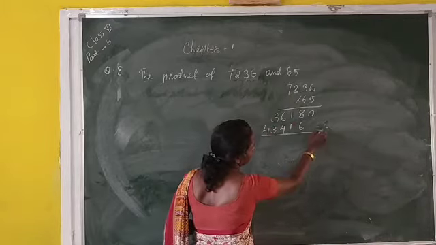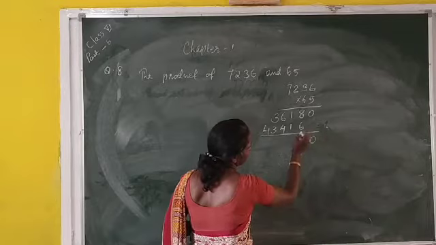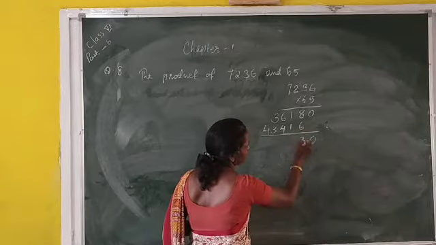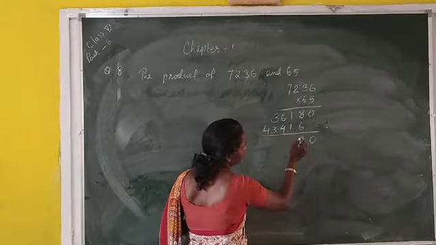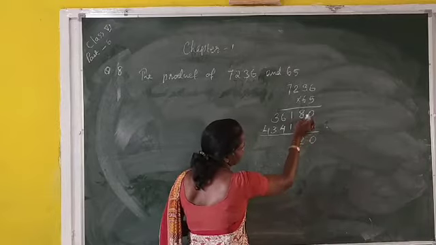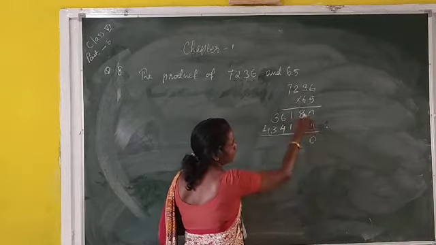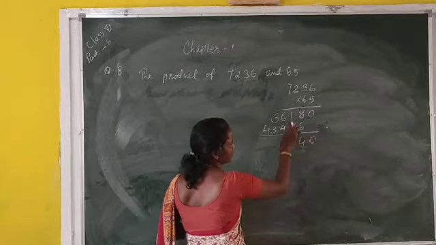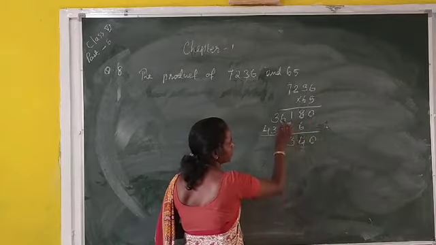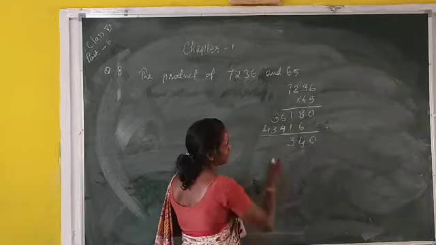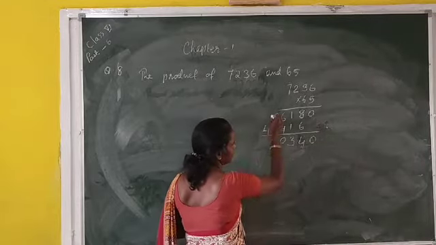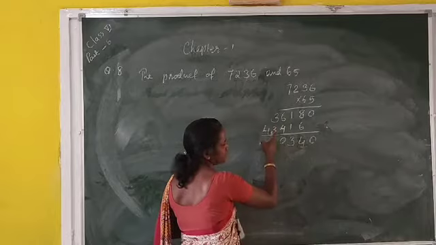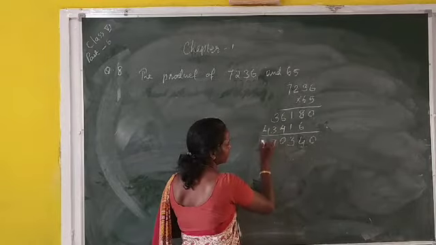Then add the numbers. 0, 8 plus 6, 14, carry 1, 1 plus 1, 2, 2 plus 1, 3, 6 plus 4, 10, write 0, carry 1, 3 plus 3, 6, 6 plus 1, 7, then 4.